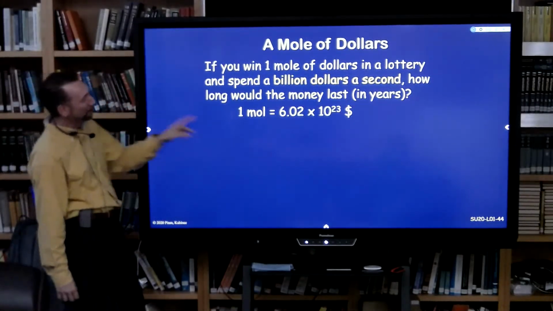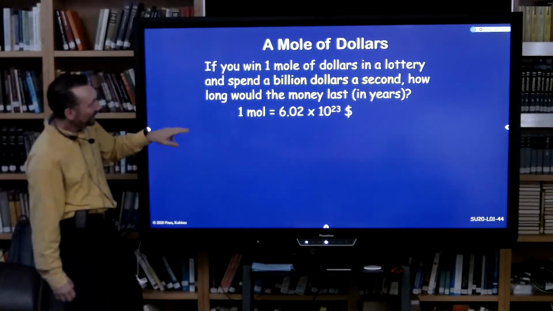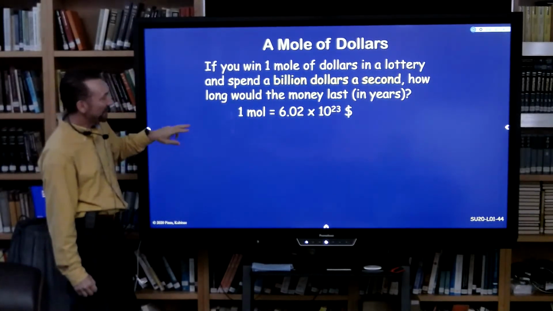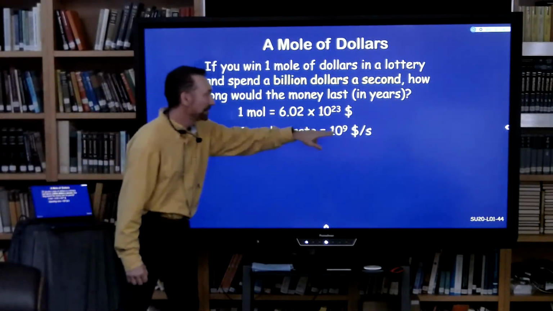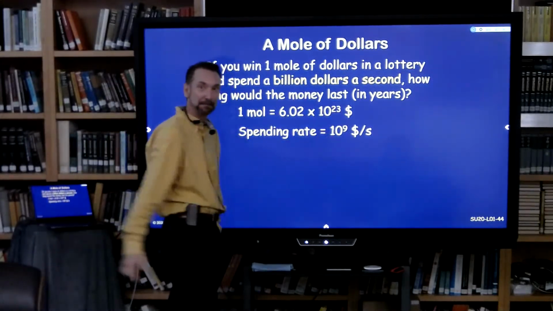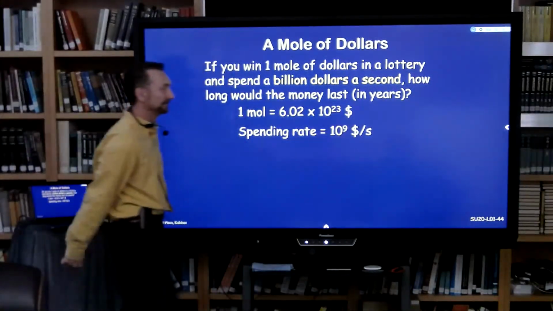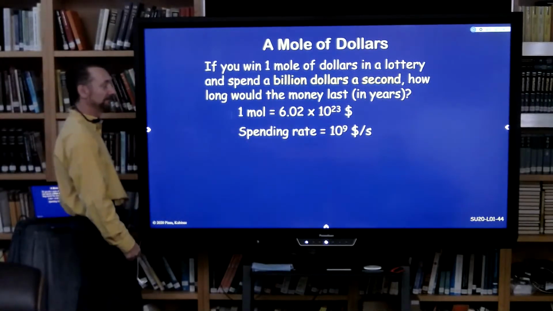So let's take our mole of dollars, 10 to the 23rd dollars. And we want to talk about spending dollars per second. So $1 billion, 10 to the 9th, is $1 billion per second is how fast we have to spend it. And we have to spend all of these.